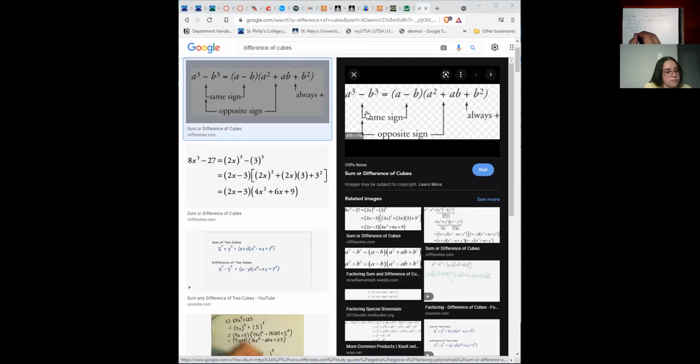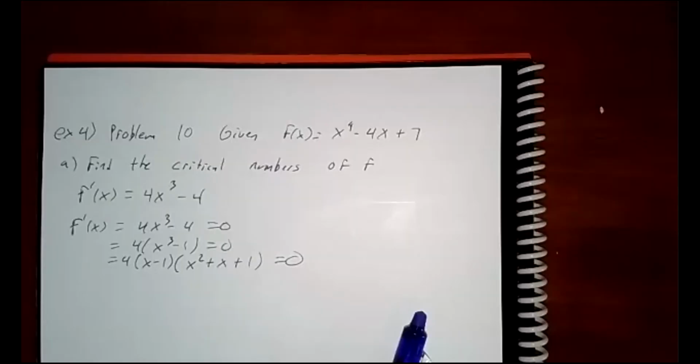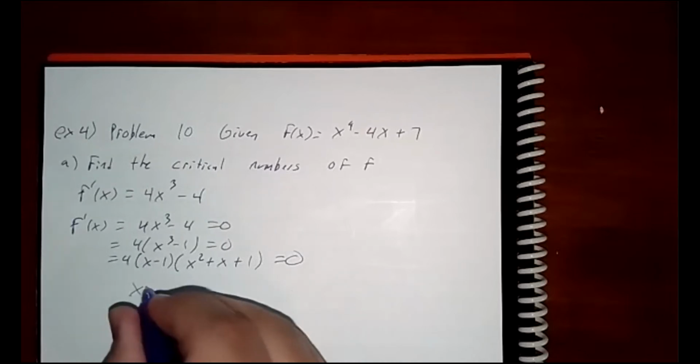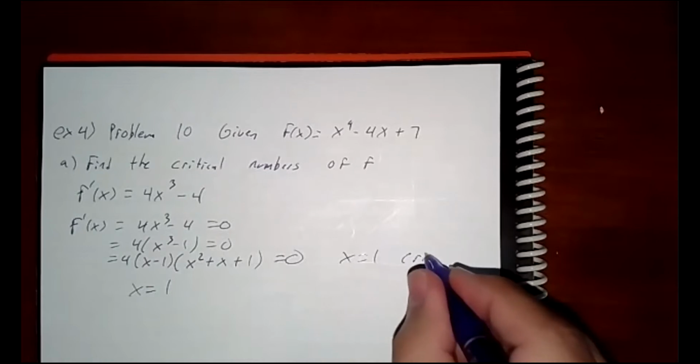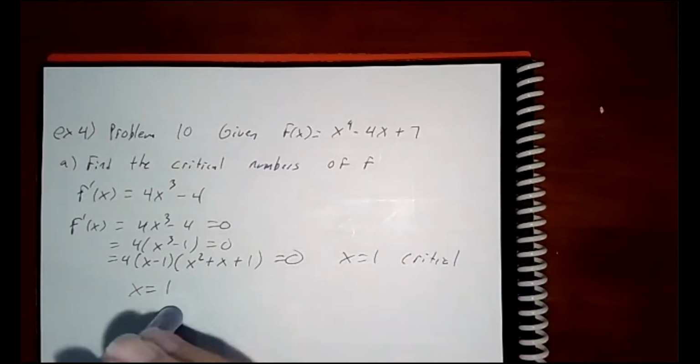That's (x minus 1)(x squared plus x plus 1). There we go. So it looks like this doesn't have a solution. Only this one does. So x is equal to 1. That's my critical number. I'm going to put it over here. Save space.